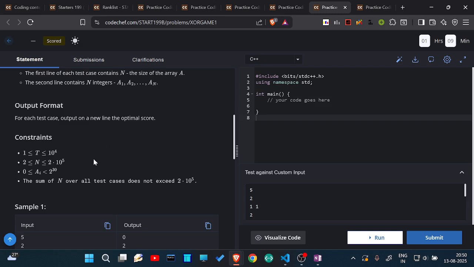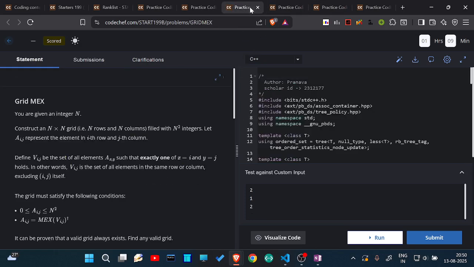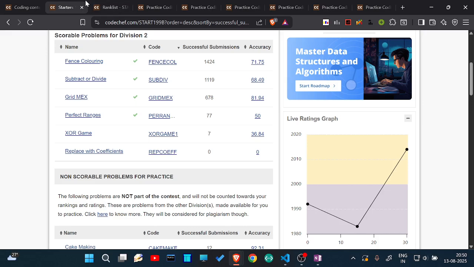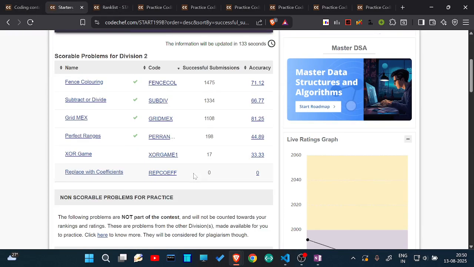If we cannot get one of them, really I don't know what to do.